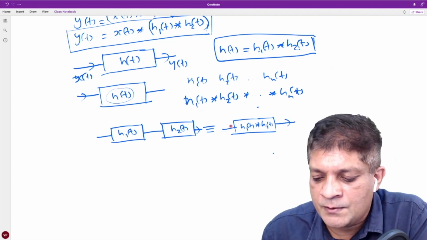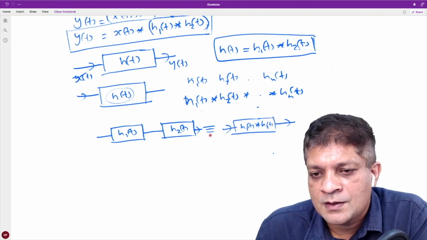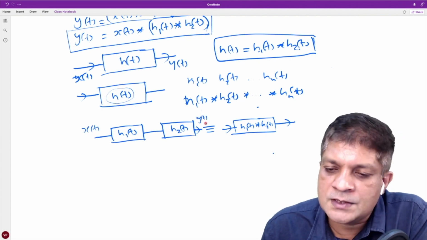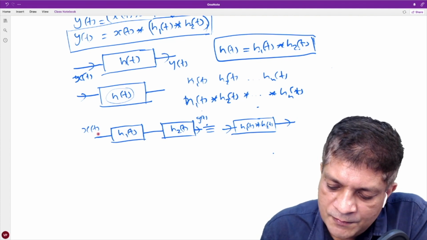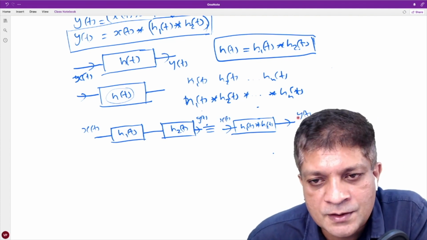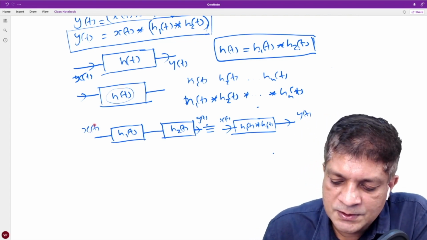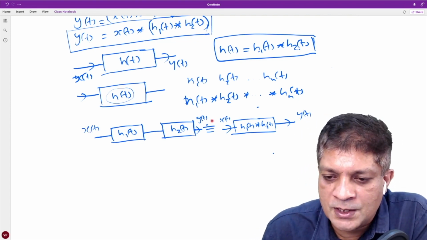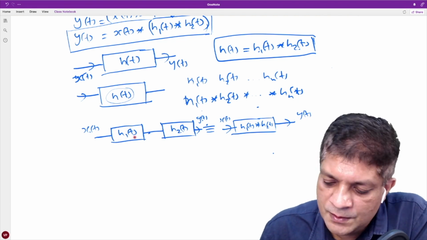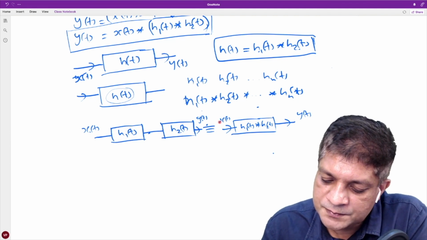When we say equivalent, the meaning is that if you give a signal x(t) and get y(t) as the output, and you give the same signal here, you'll get the same output. Equivalent in this sense means we are talking about the input-output relation. The intermediate signals, okay, here there is no intermediate signal.